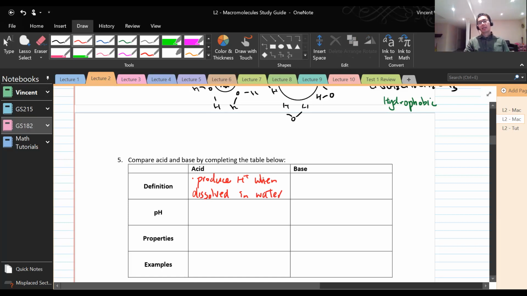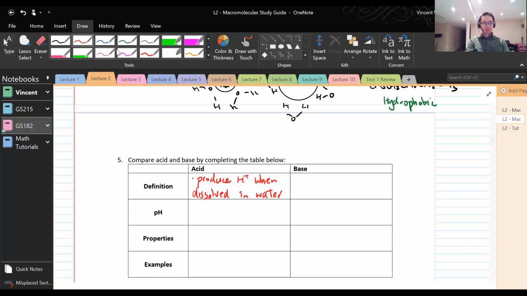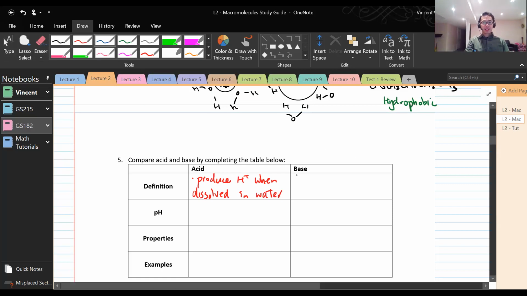You add it into water, stir it up, and it will produce these H plus. On the other hand, a base produces OH minus, which we call the hydroxide ion, when dissolved in water.